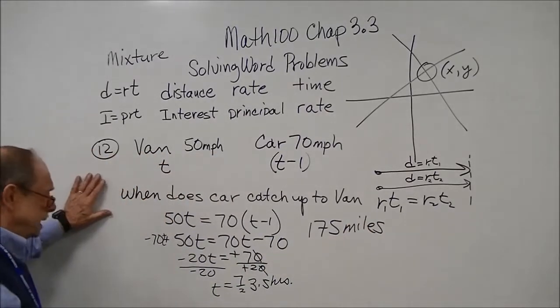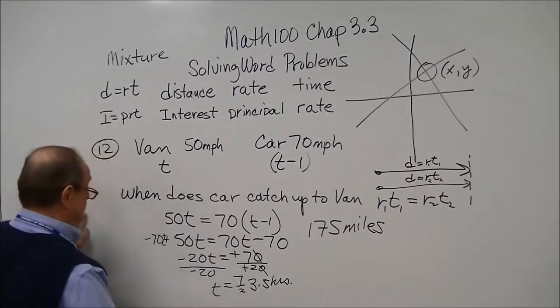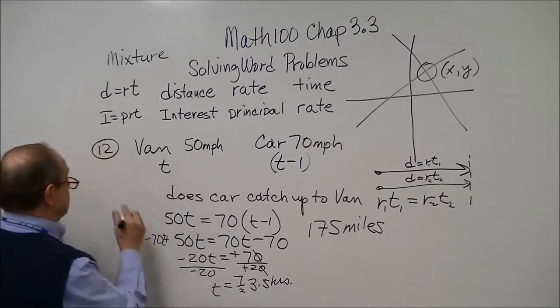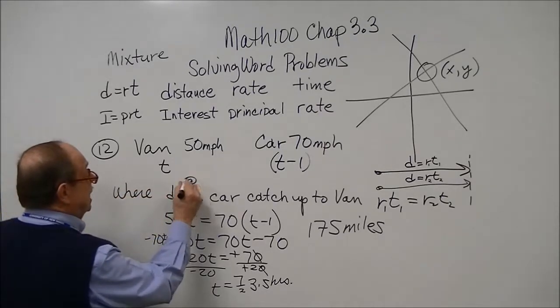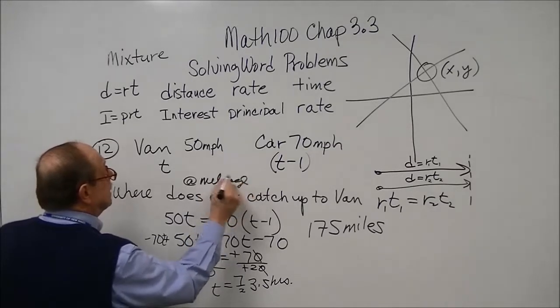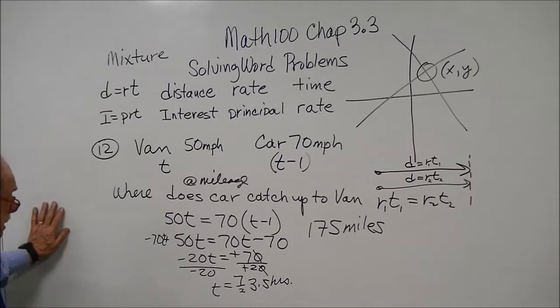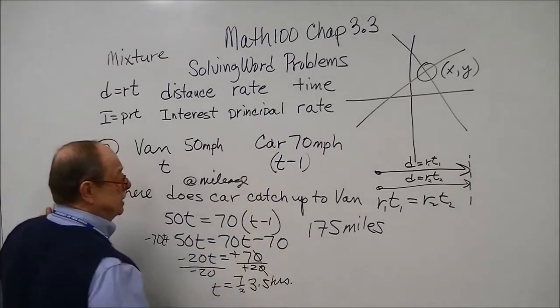So this question had a little twist to it. They didn't want to know when, even though I put that there. Where, let's put here, where. And then at what mileage does the car catch up to the van?